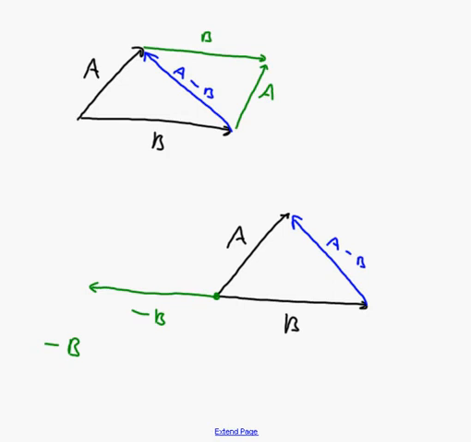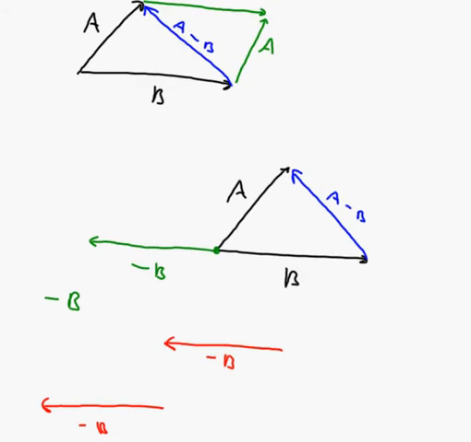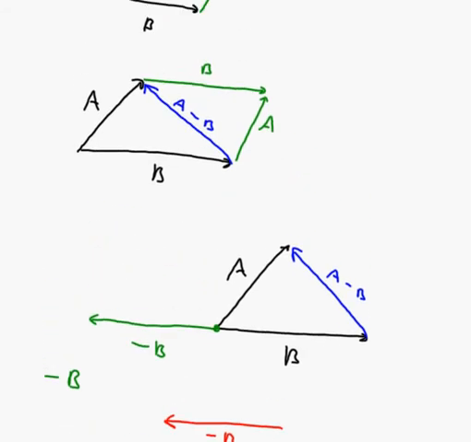When I say, what does vector negative B look like? I drew it in green right here. Vector negative B does not have to have its tail touching the tail of vector B. I can make many copies of vector negative B and drop them all over this page. So these are all the vector negative B. A vector does not have to be in a particular location on the plane.